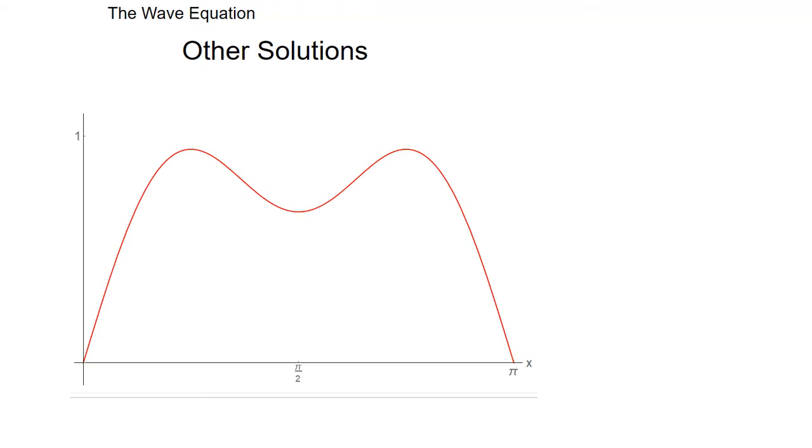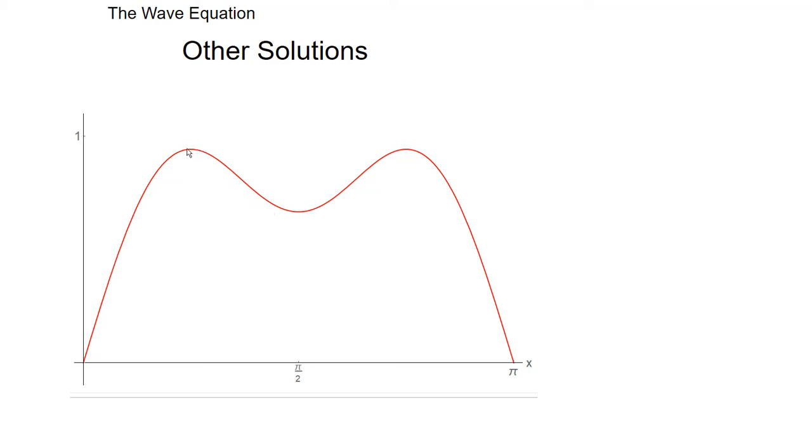But let's look at different situations here. Here we see a situation where we'll start with a heat profile as shown here. You can see in places such as here and here, the second derivative with respect to position is negative, whereas here the second derivative with respect to position is positive.